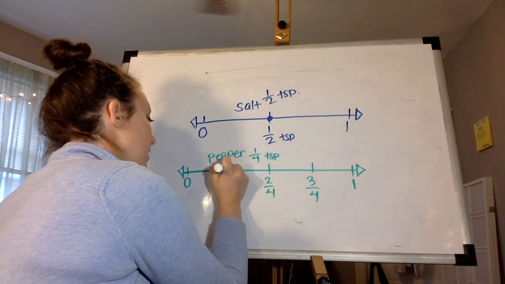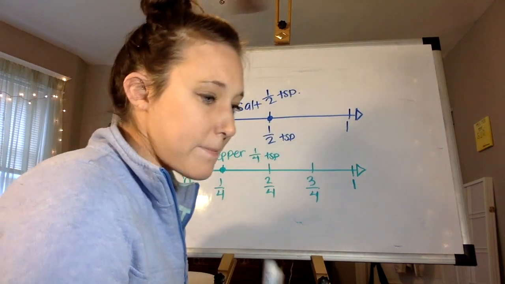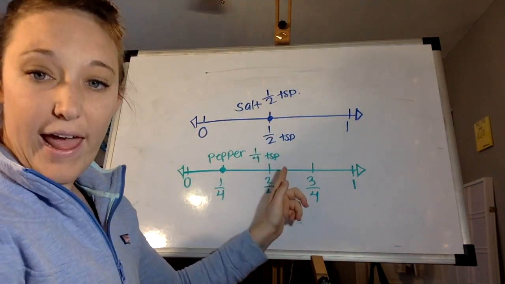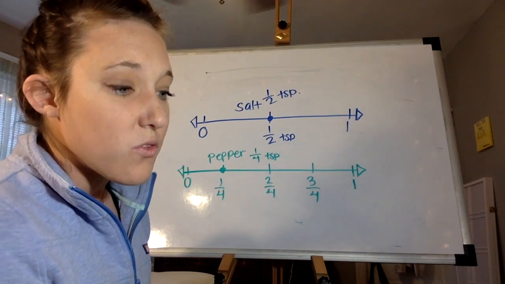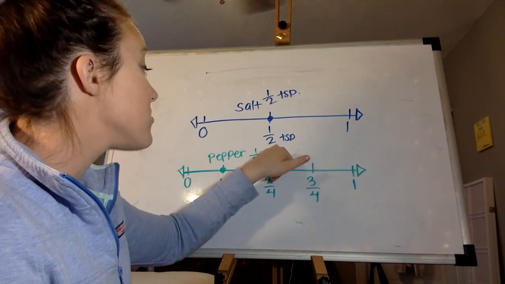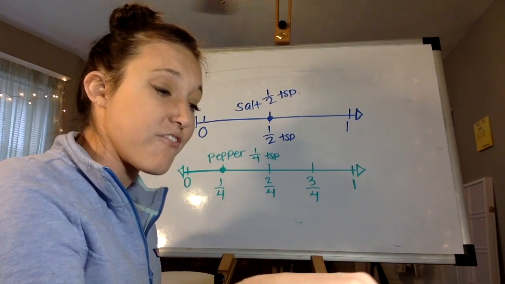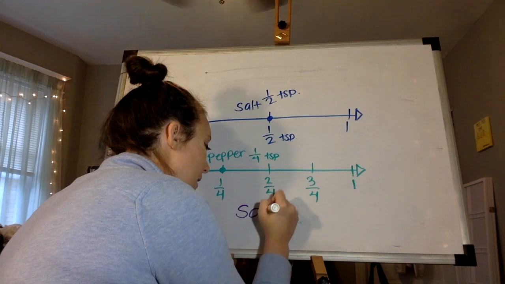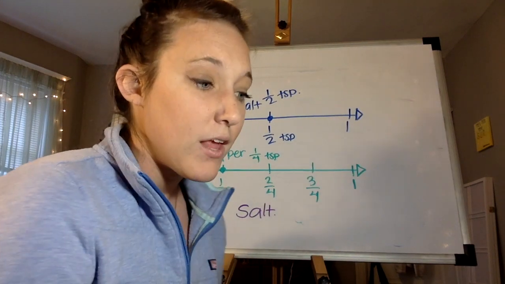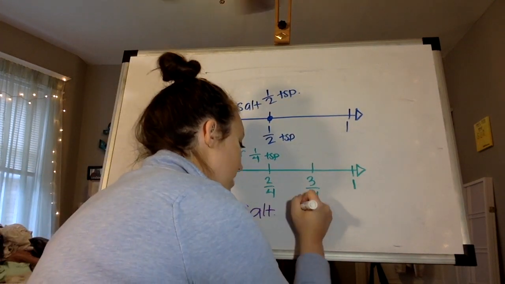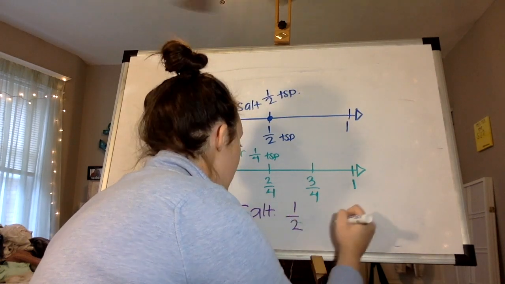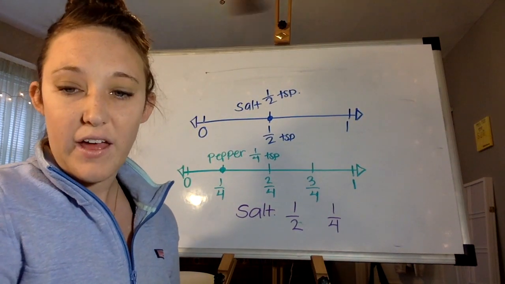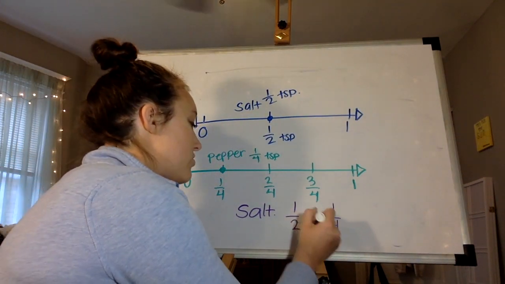I'm going to plot right here at 1/4. So 1/4 is to the left of the 1/2, okay? So the recipe is calling for more salt than pepper, so that's our first answer, is the recipe calls for more salt. When it's time to explain, they want us to compare our fractions, so we'll have 1/2 compared to 1/4. Is 1/2 greater than or less than 1/4? It is greater than.